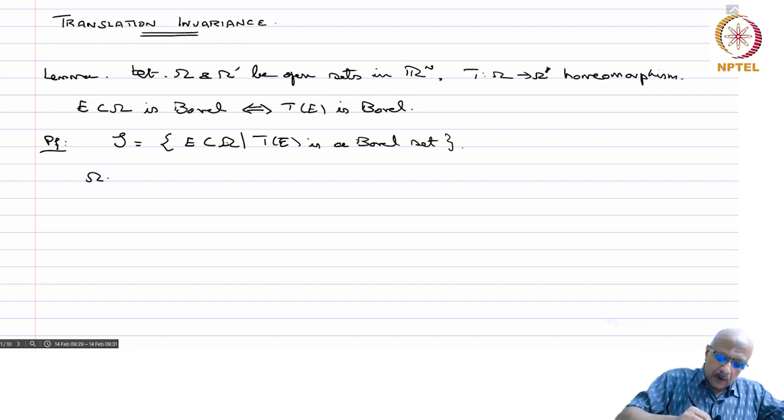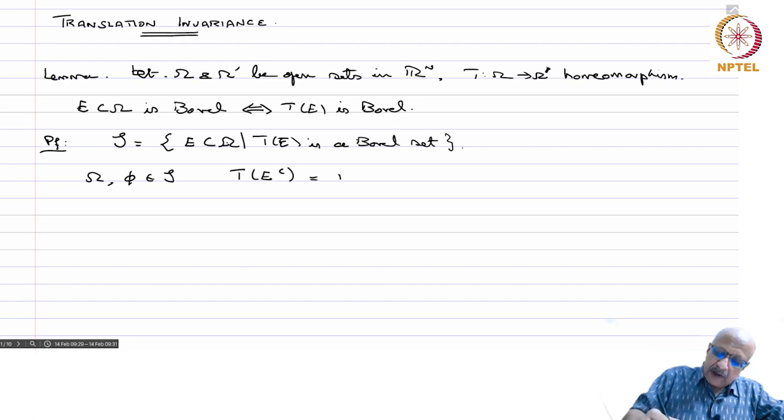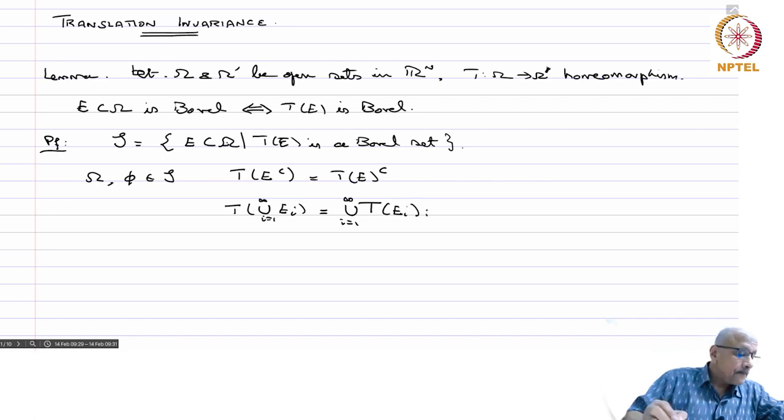So clearly omega and phi belong to S, because T of omega is omega dash, which is open, therefore it's Borel, and the empty set is Borel, so there's no problem. Now T of E complement, because T is a bijection, is nothing but T(E) complement, and also T of union E_i is equal to union i equals 1 to infinity T of E_i.